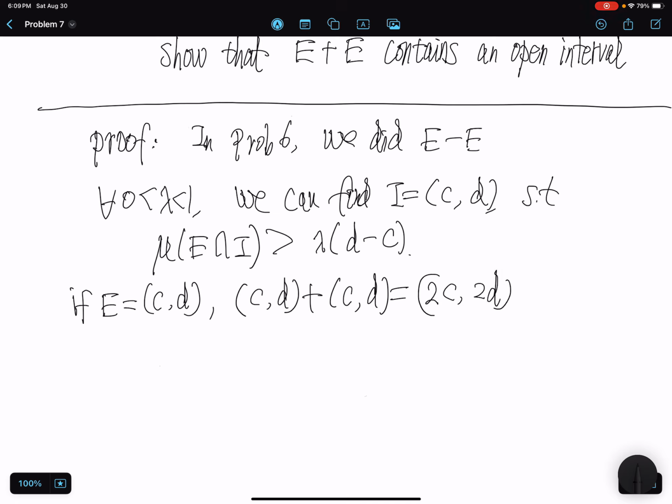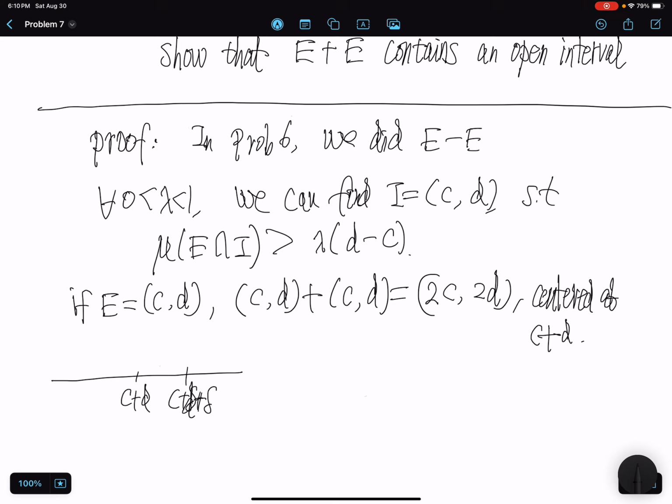So this interval is centered at C plus D. Let's guess this is C plus D, and then we want to have some delta: C plus D plus delta, and C plus D minus delta. Let's see if this is the interval we're looking for.